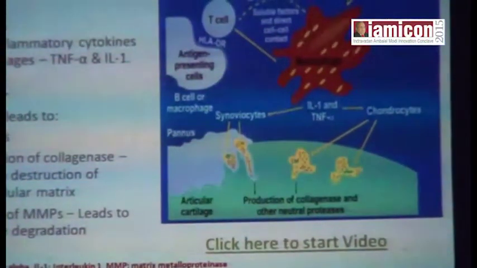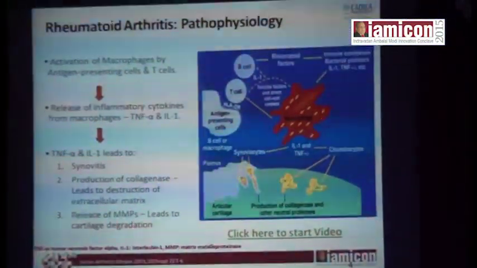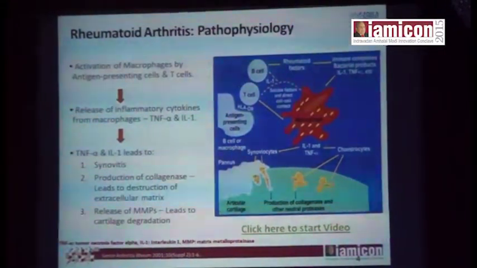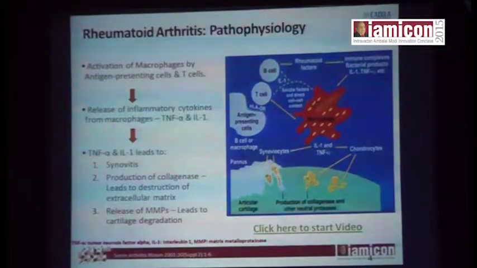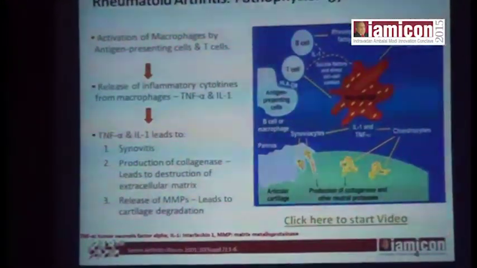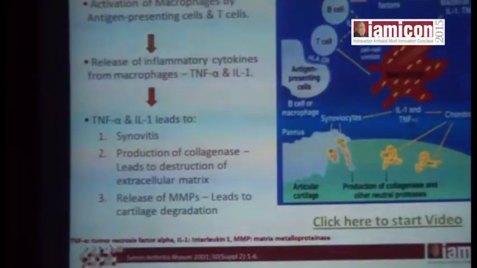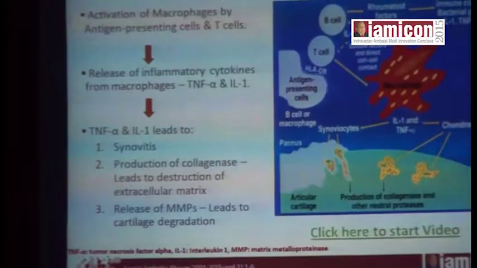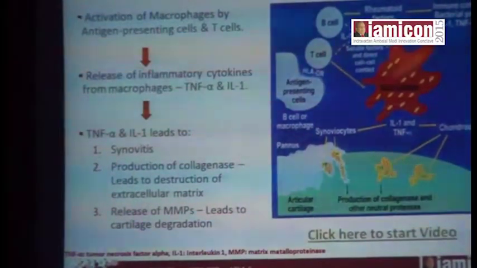There is a release of inflammatory cytokines from macrophages, tumor necrosis factor alpha and IL-1. These factors lead to synovitis, production of collagenase, leading to destruction of extracellular matrix and release of matrix metalloproteinases, MMPs.